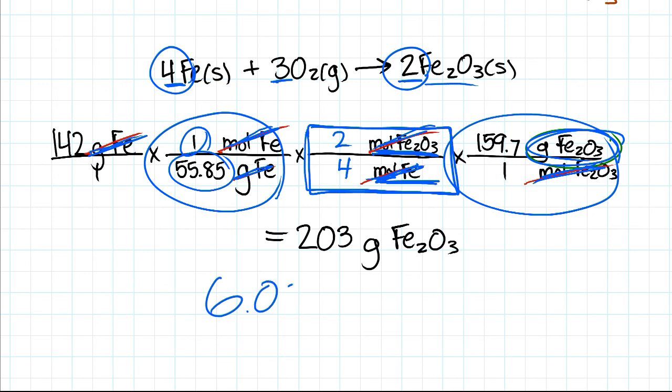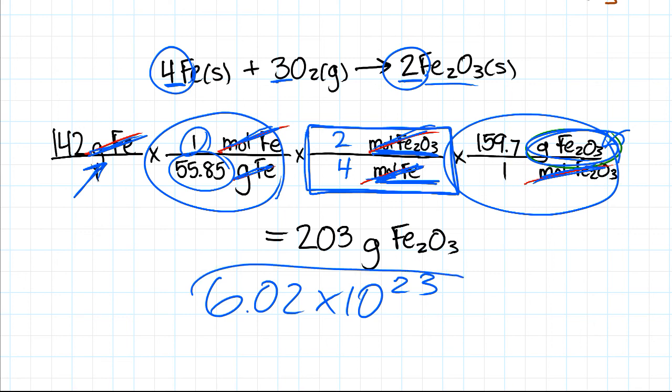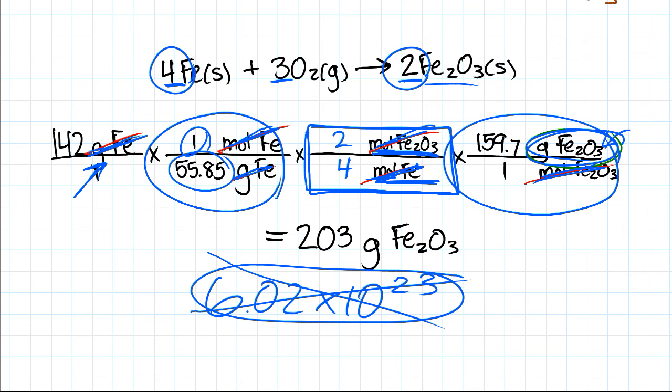We did not use 6.02 times 10 to the 23 because this problem did not ask us about how many formula units of Fe2O3 were created, or how many molecules or atoms of iron were present. Remember that you only use Avogadro's number when you're dealing with particles. This was only asking about moles and grams and how we get through the mole from grams to grams. So we don't use Avogadro's number, we instead use the molar mass.